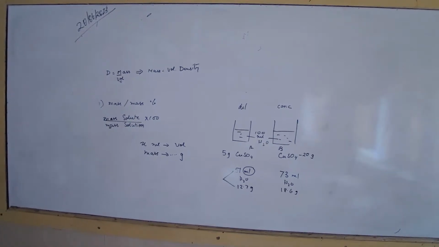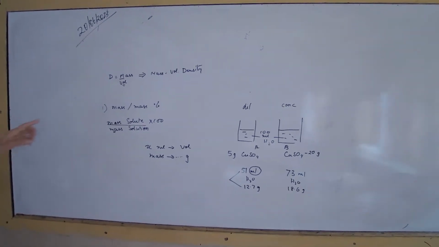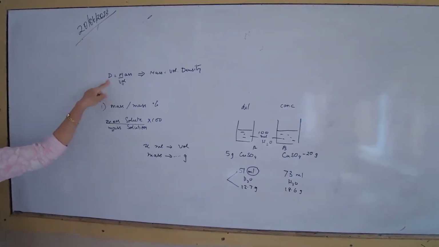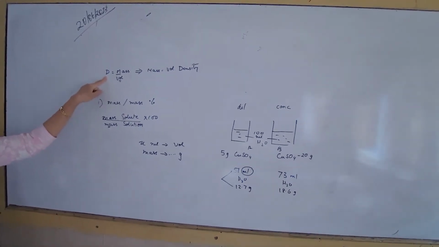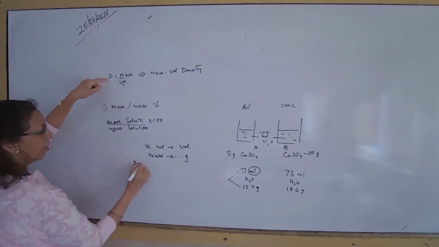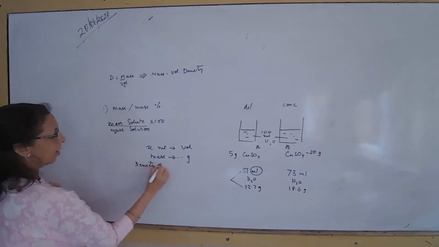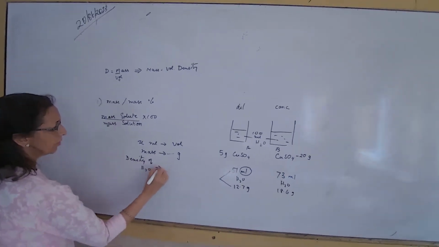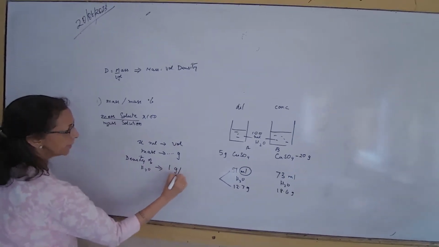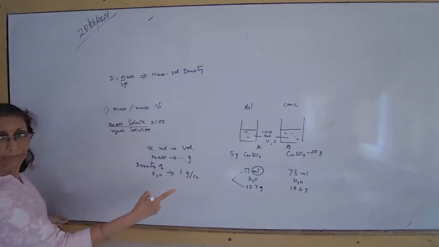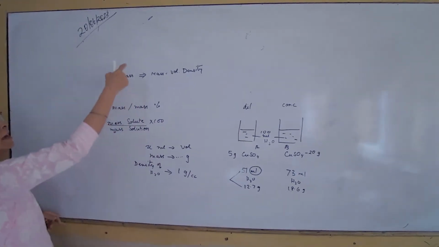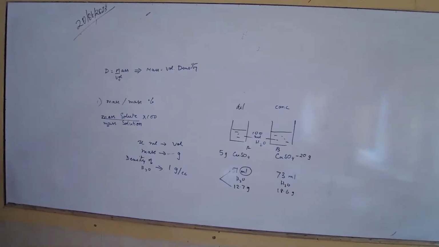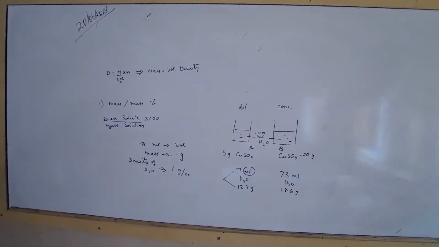Now, the speciality about water is the density of water is 1 gram per cc. So what is the density of water? Water is 1 gram per cc. Cc is ml. Okay, so the answer will be mass and volume, both of them will be 1. Did you understand?